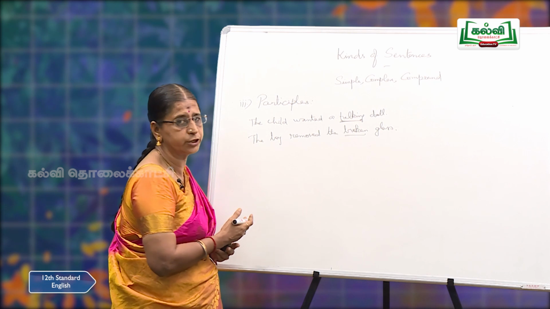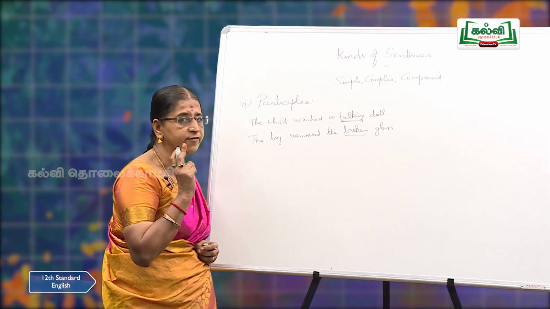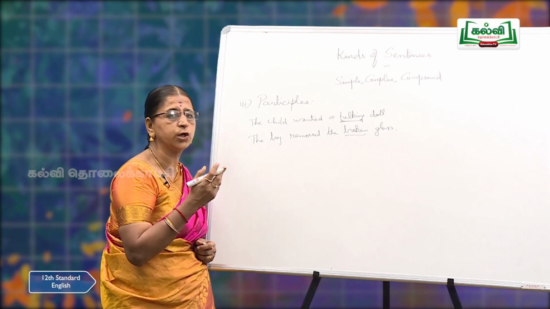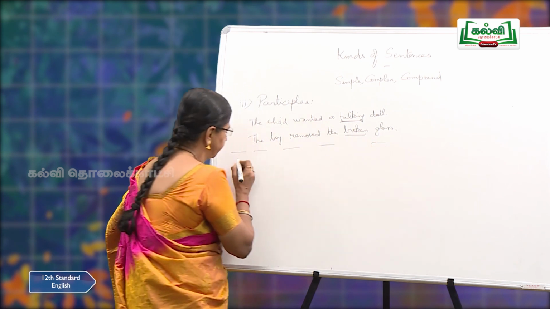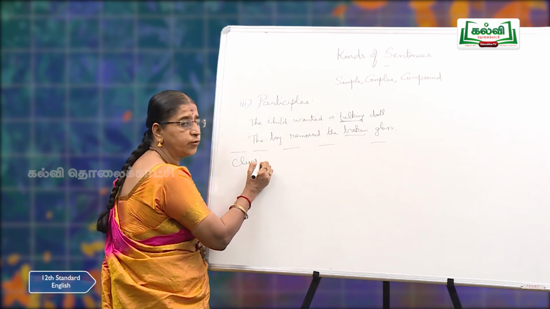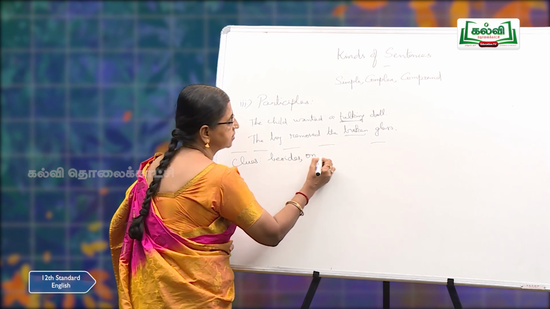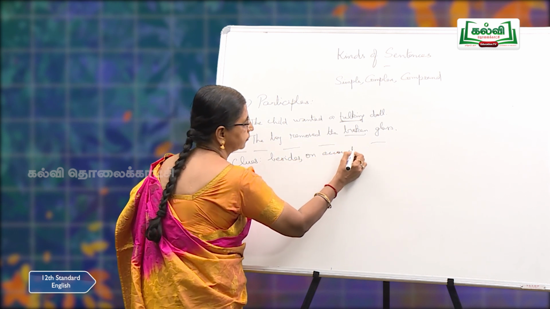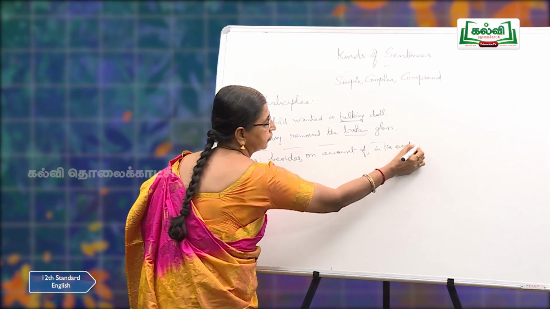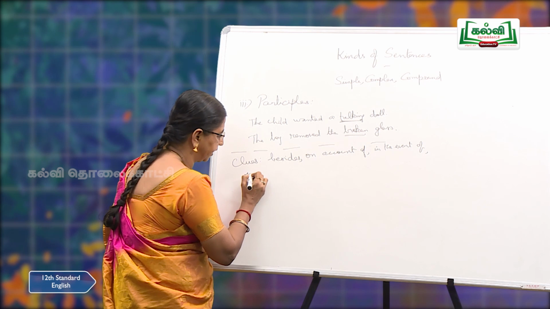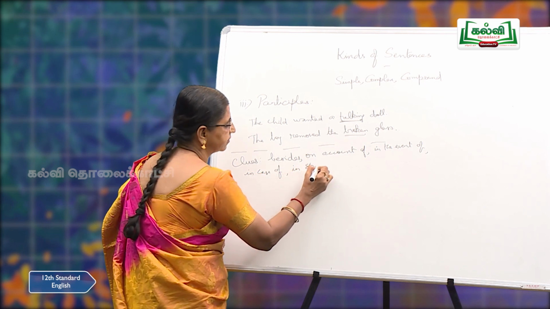Now, let us move further into the simple sentence. Now, you can include phrases also. I told you only one finite verb. So, phrases are included in the simple sentence. Now, how do you identify the simple sentence? There are some clues. I will just give you a few. Besides, on account of, in the event of, in case of, in spite of, these are phrases.